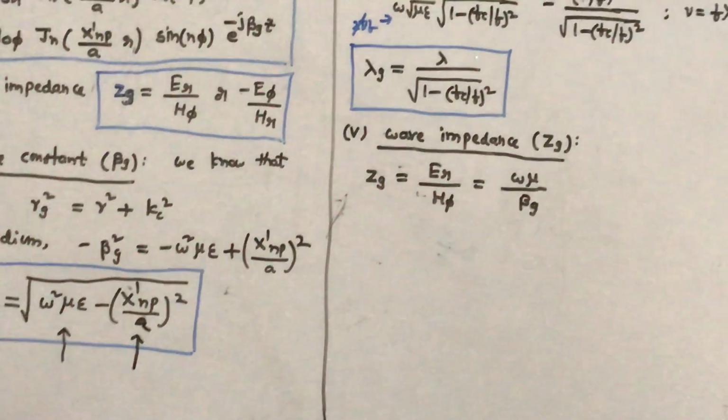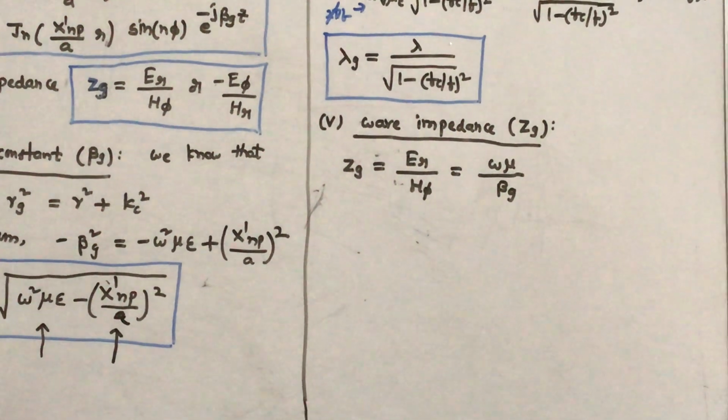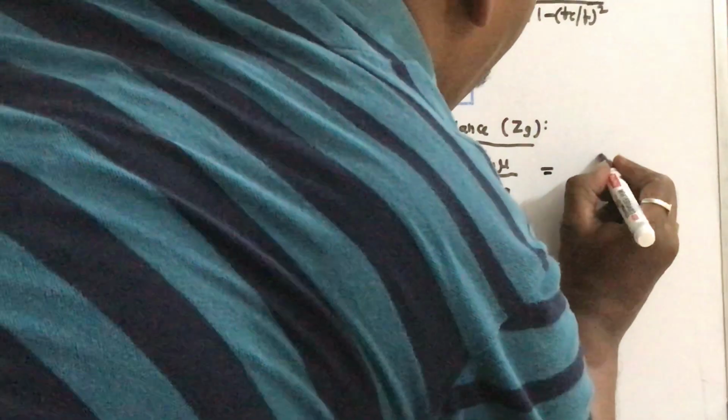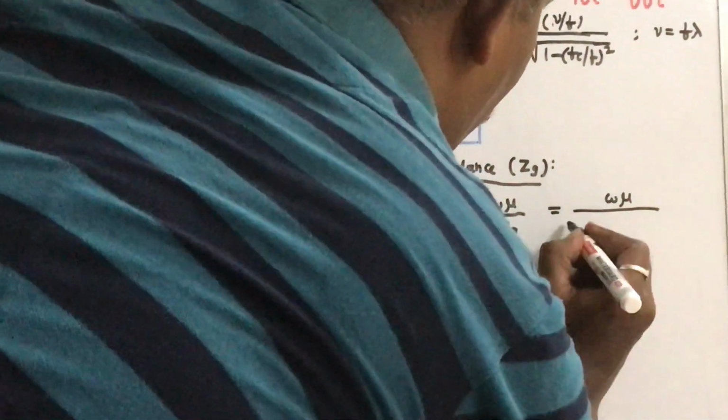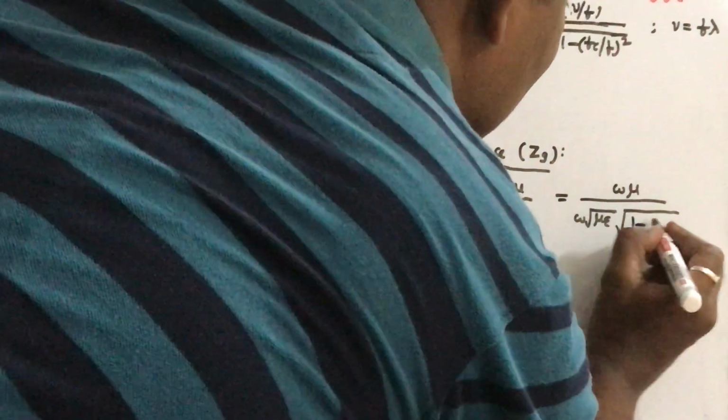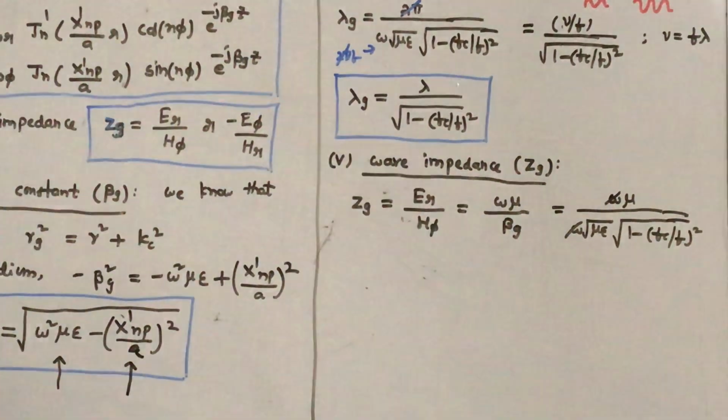If you substitute beta g in this formula, omega mu by what is beta g? Omega square root of mu epsilon into square root of 1 minus fc, the cutoff frequency of the waveguide, by f whole square. You can cancel out omega and omega.